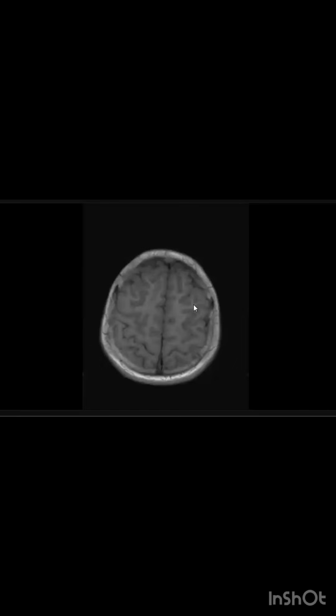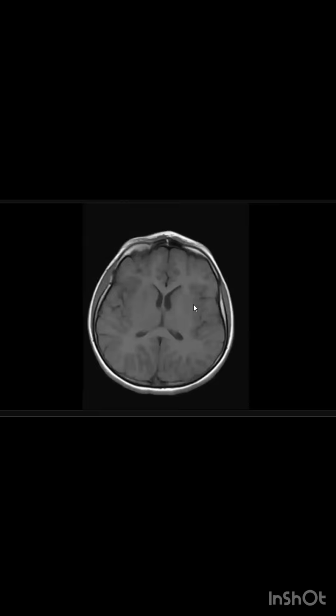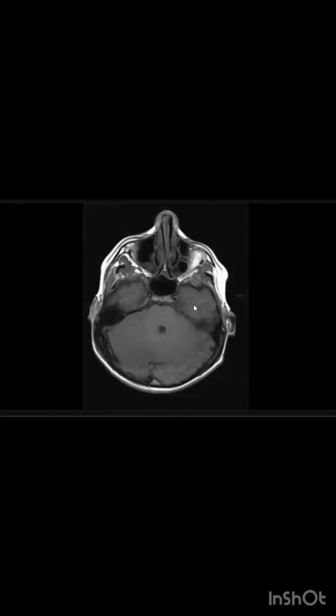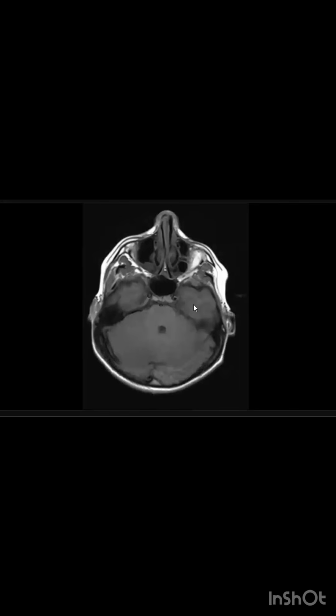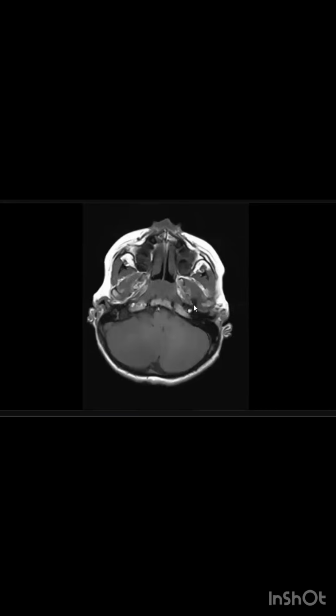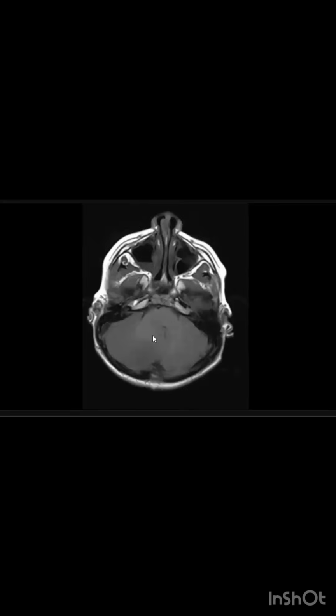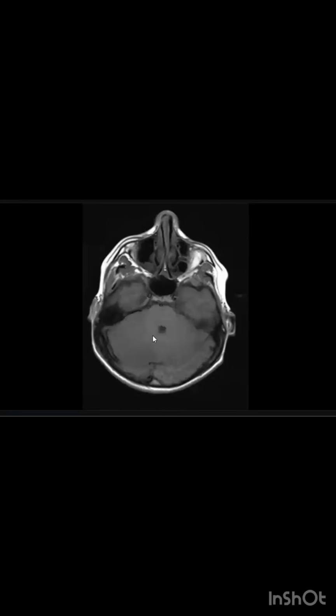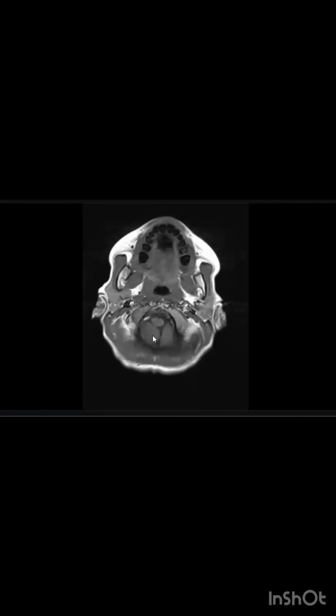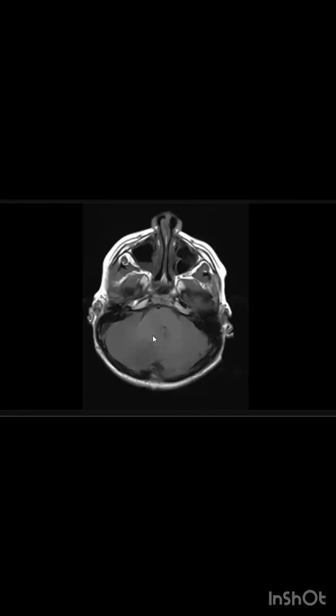I am provided with the axial T1 weighted images of the same patient. I will go to the region of interest first, where there is a redemonstration of the hypointensity in the right cerebellar hemisphere. Looking at the sinuses, I can appreciate a loss of signal void in the right transverse and sigmoid sinus, while the left transverse sinus appears unremarkable.